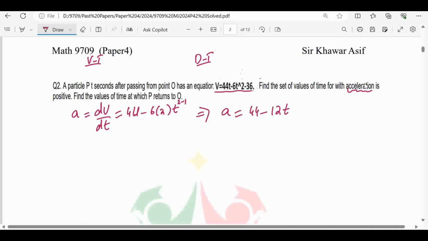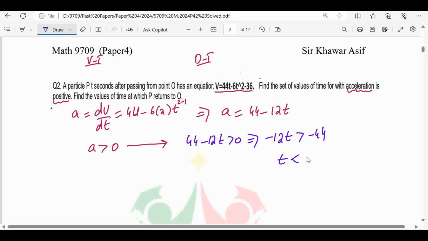They said that acceleration is positive, which means acceleration is greater than 0, which implies that 44 minus 12t should be greater than 0, which means negative 12t is greater than negative 44. If we divide by a negative number on both sides, then we have to change the inequality.